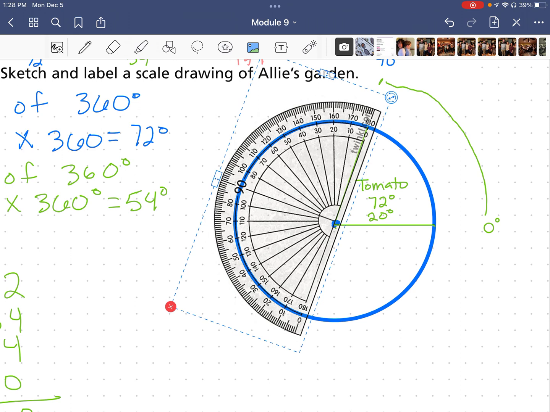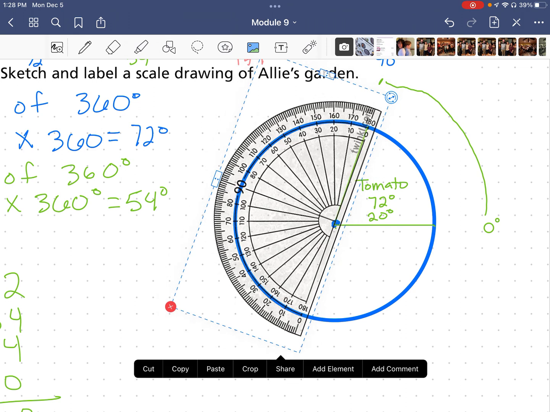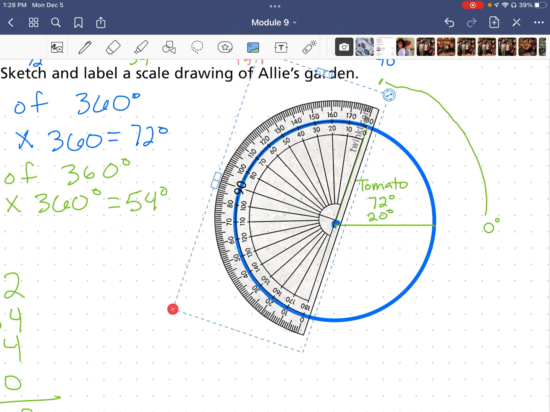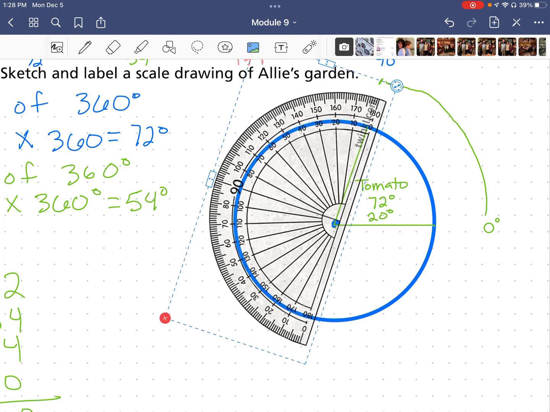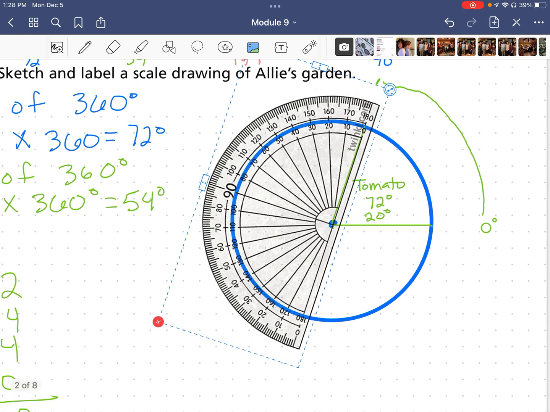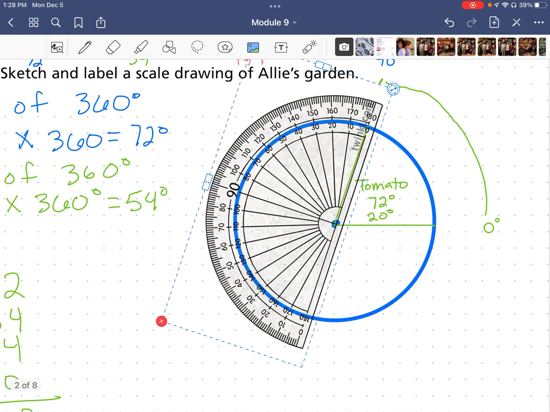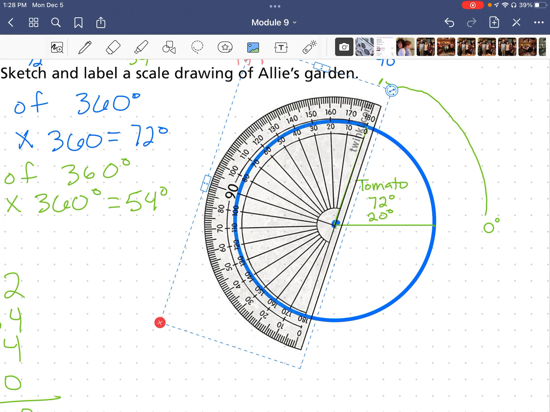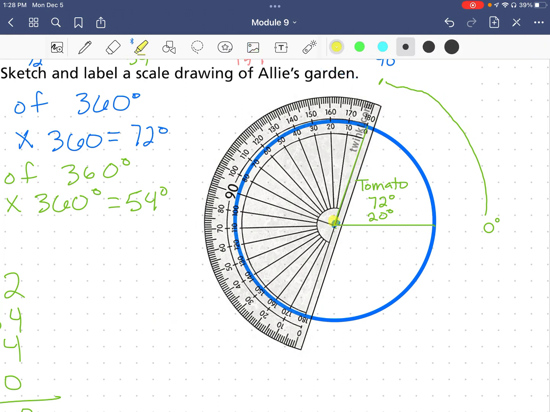So again, I want my line to be, line up my center, and line up so that my black line right here, we want those to overlap as best as we can.